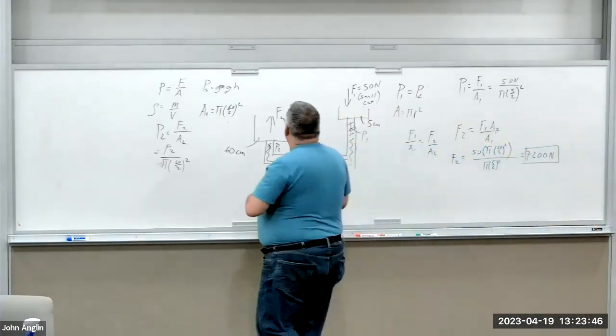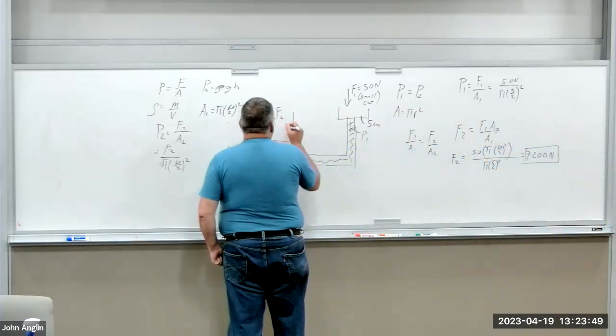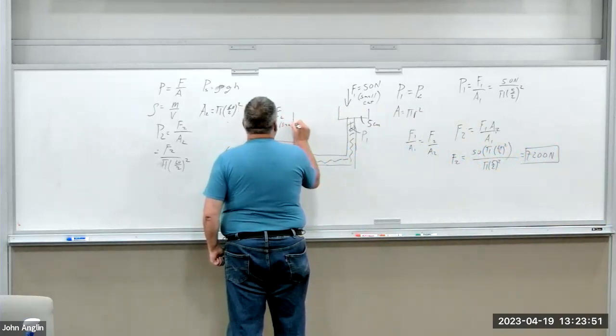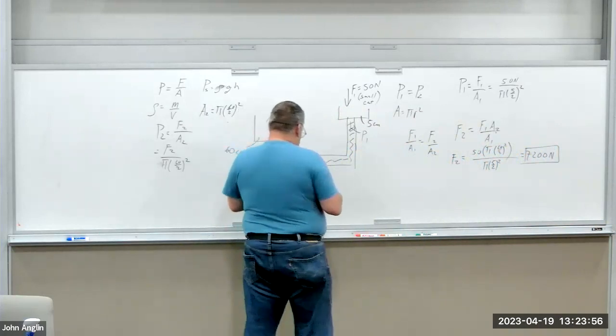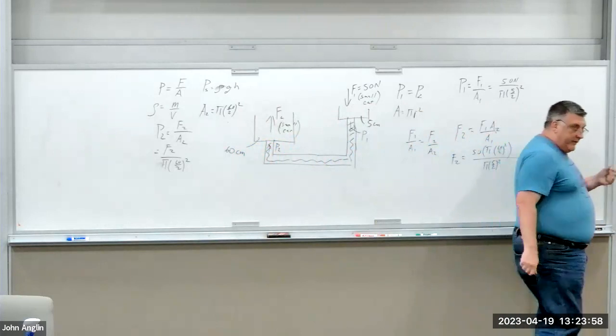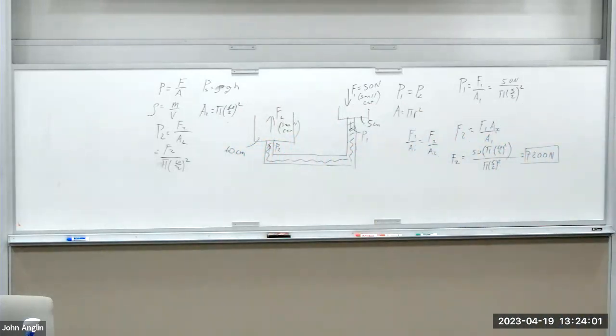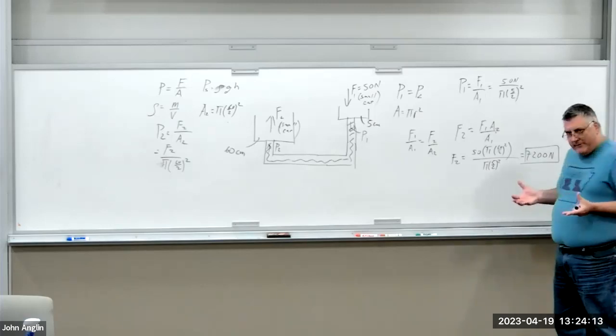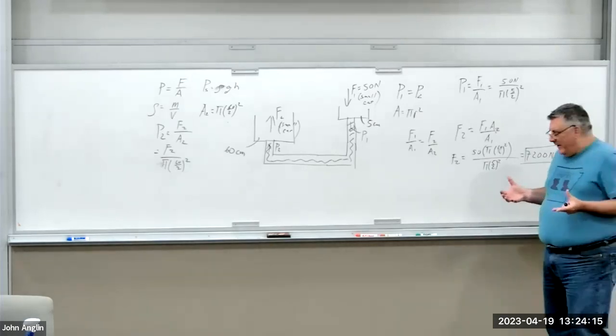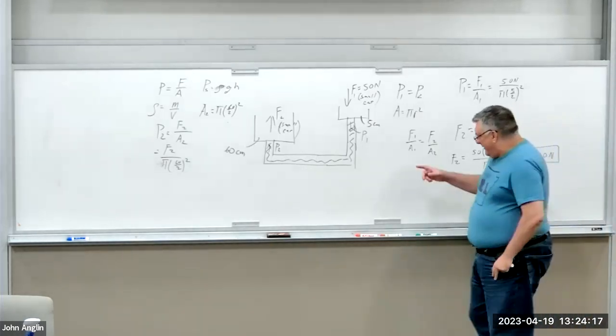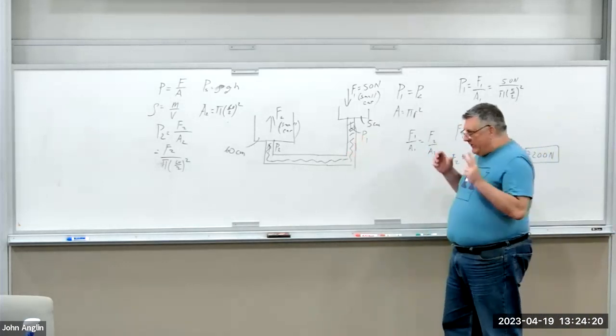This is a small car. So it doesn't take much force in order for us to create a big output force. This is the value of Pascal's principle. Again, because we know that the pressure here has got to be the same.